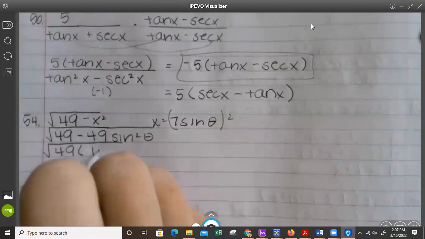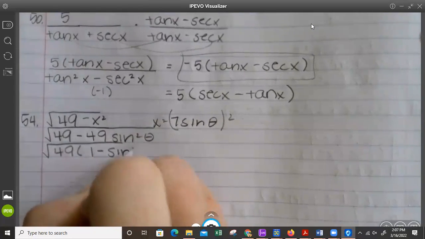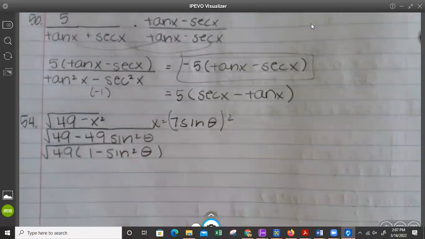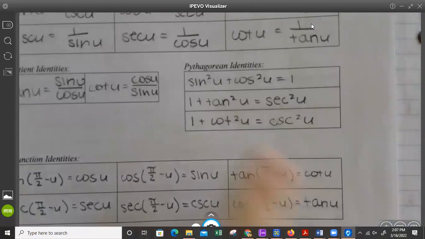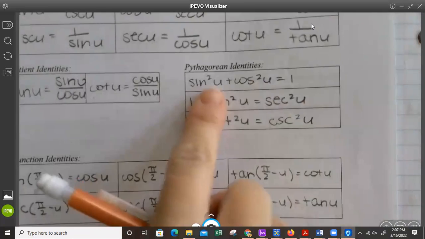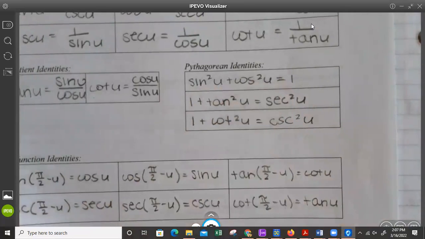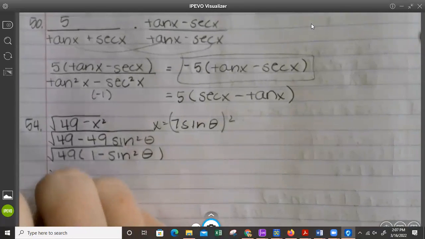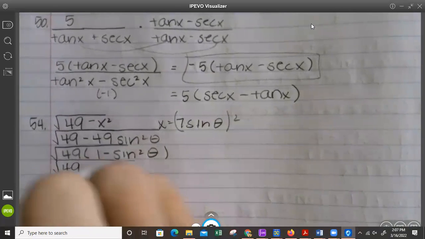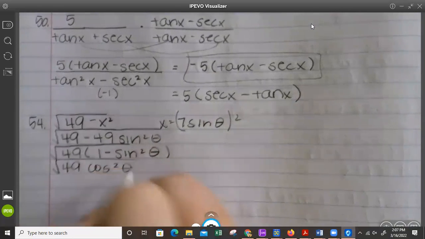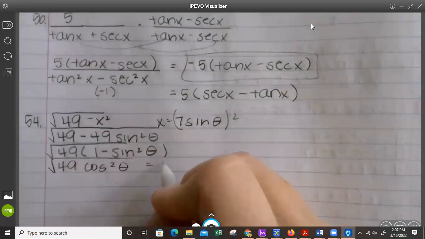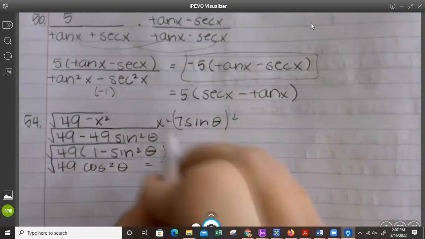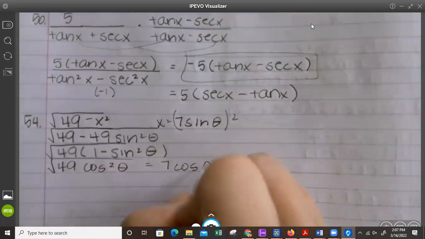We're left with 1 minus sine squared theta. If I subtract it over, what do I get? Cosine squared. Square root of 49, square root of cosine squared. That's it.